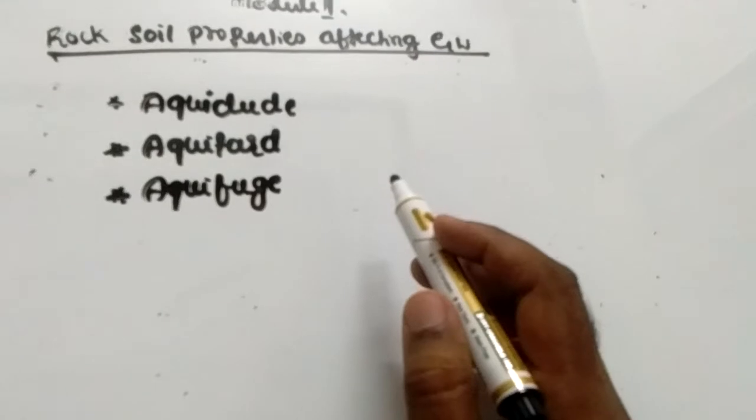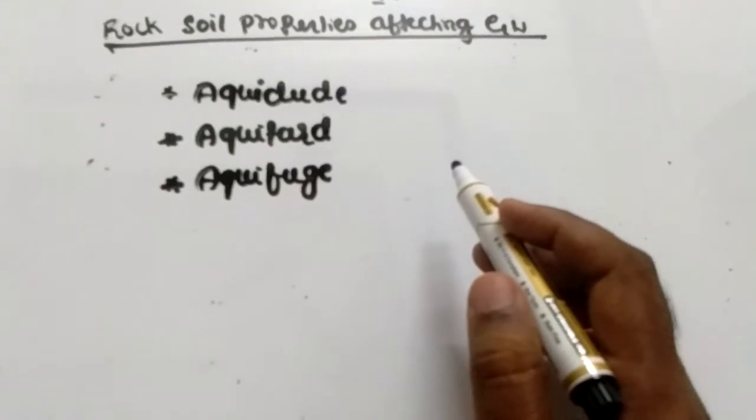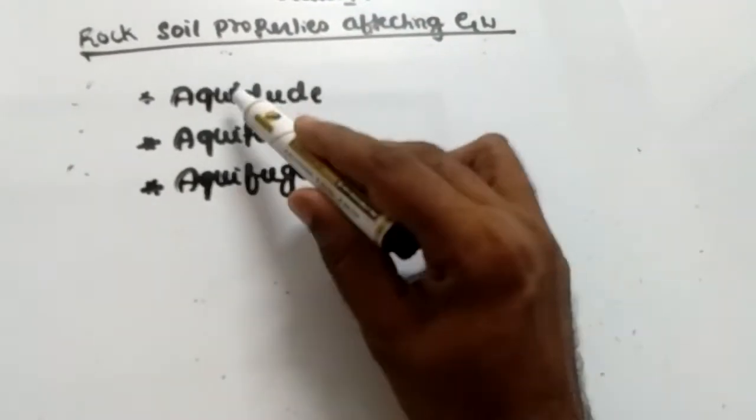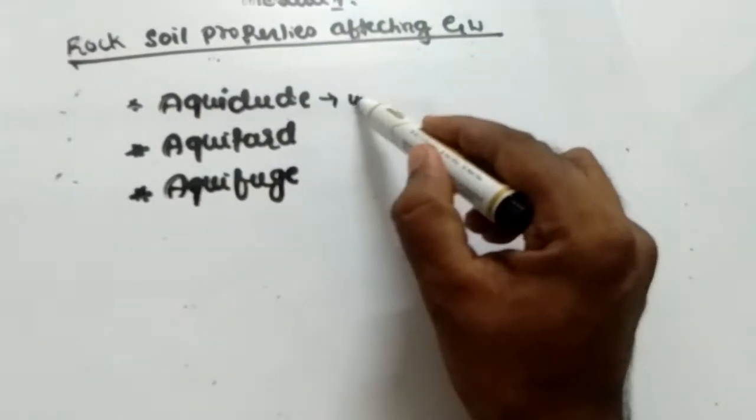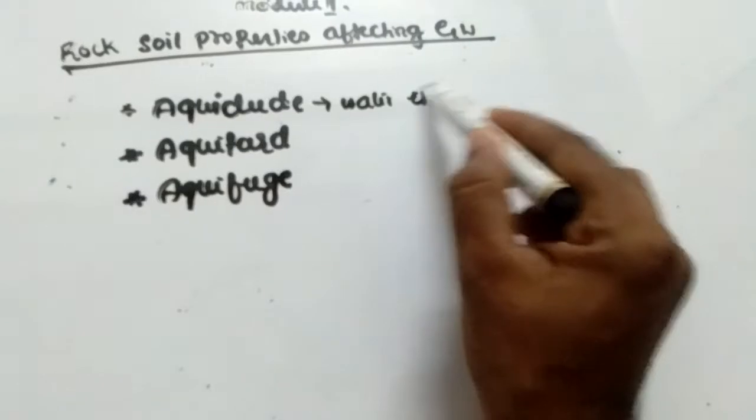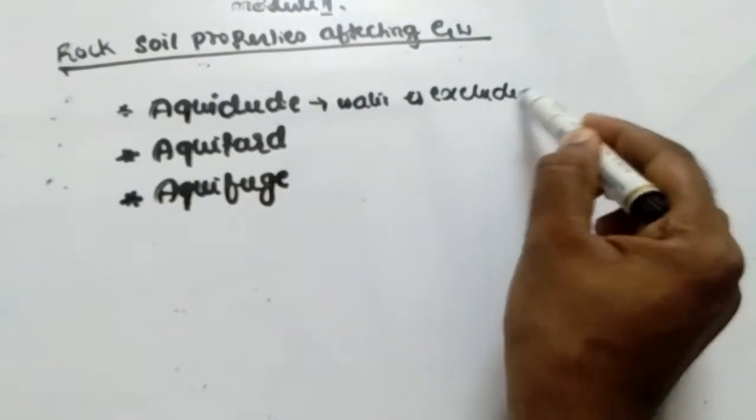Let us understand the meaning of these. We can remember aquiclude: water is excluded, that is exclude.